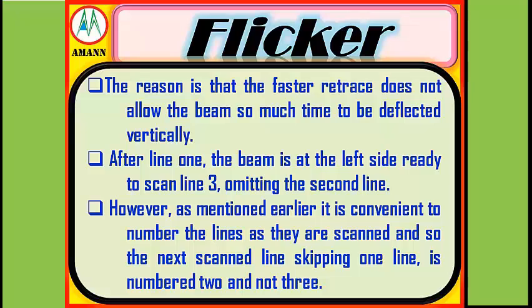After line 1, the beam is at the left side ready to scan line 3, omitting the second line. However, as mentioned earlier, it is convenient to number the lines as they are scanned, and so the next scan line, skipping one line, is numbered 2 and not 3.